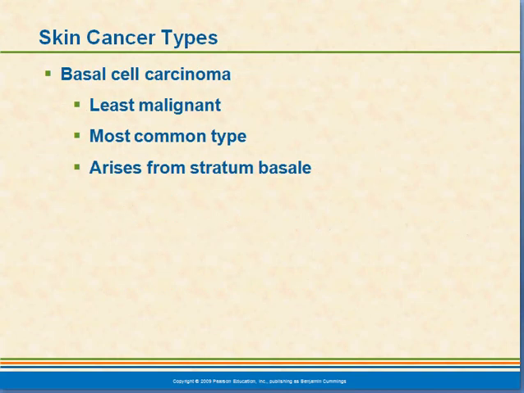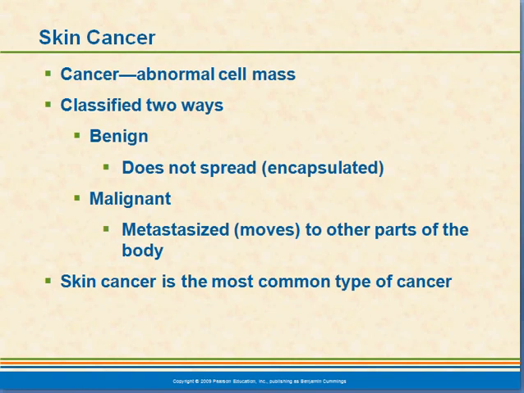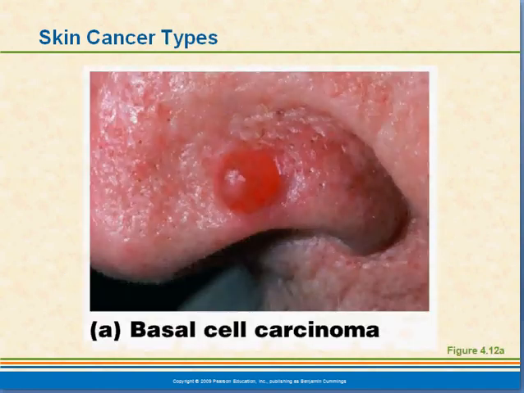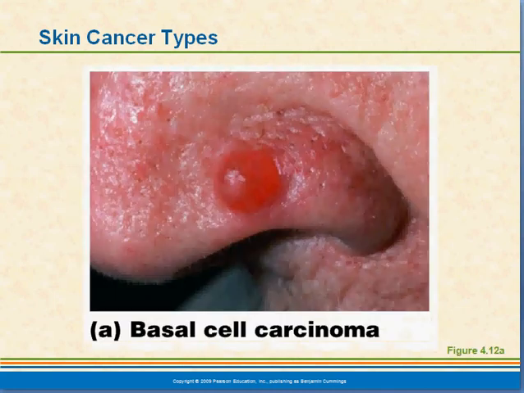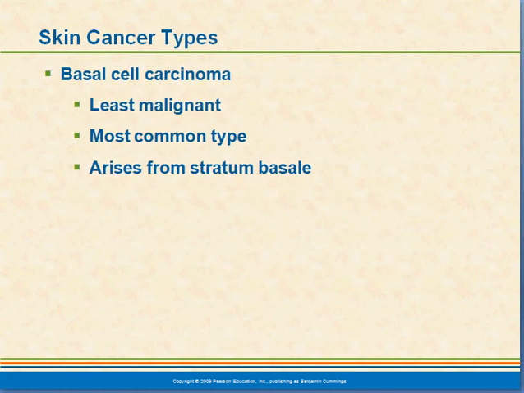Now, skin cancer types, there's several, but we're going to talk about these three. We've got basal cell carcinoma, squamous cell carcinoma, and malignant melanoma. So basal cell carcinoma is the least malignant. This grows slowly.